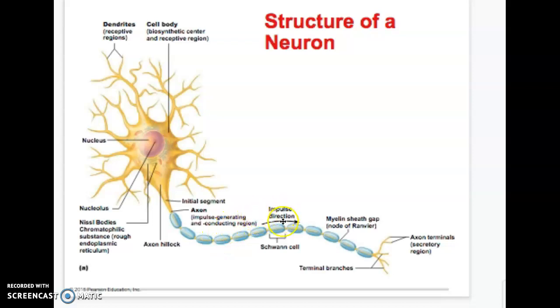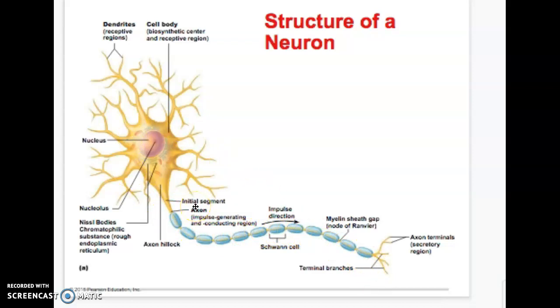Saltatory conduction is the hopping of an action potential to these myelin nodes, or nodes of Ranvier, and it's much, much faster than it would be if the impulse had to travel all the way down the axon.